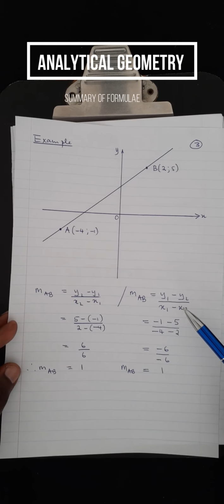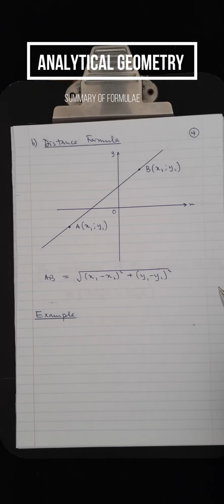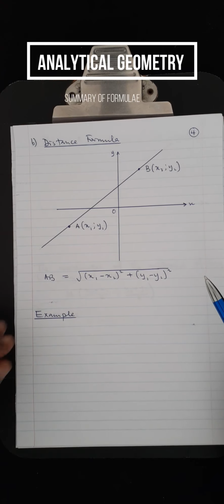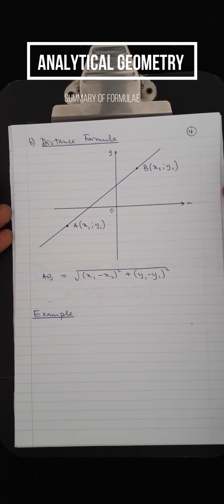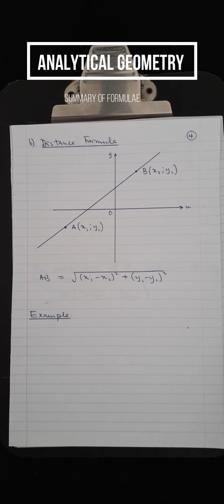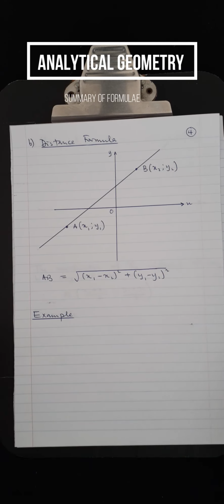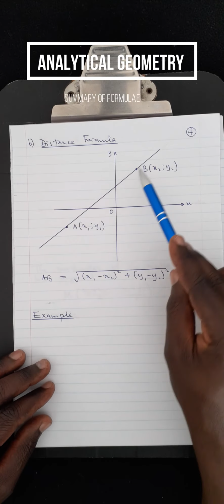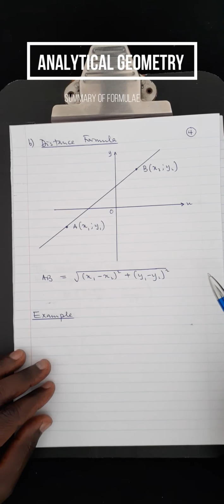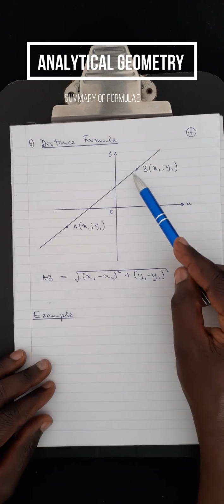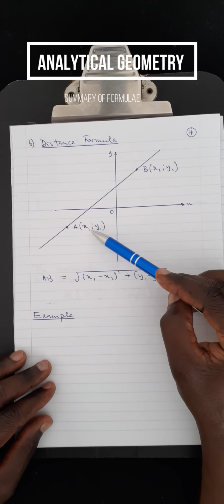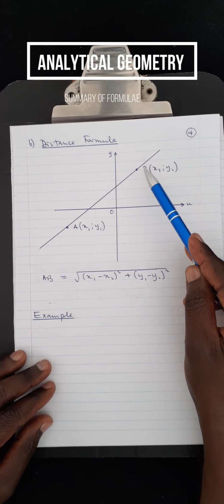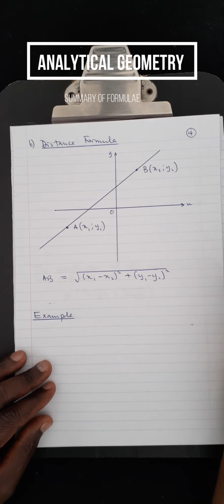Okay, let's move on to another important concept, which is the distance formula. The distance formula is used to calculate the distance between 2 points on a Cartesian plane. I've taken point A with general coordinates x1, y1, and B with coordinates x2, y2.